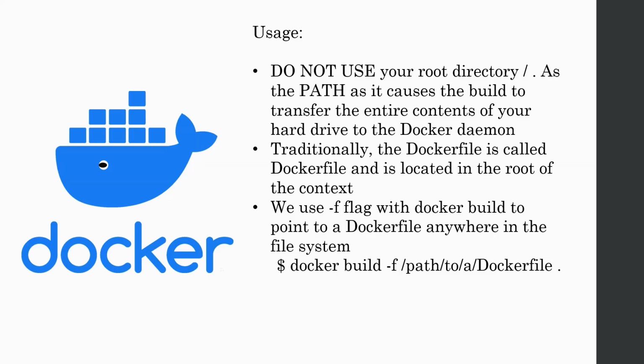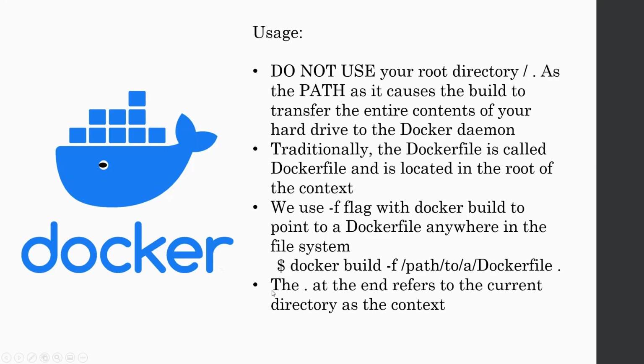Okay. So, this dollar sign is actually not typed. Only this part is typed. The dollar is shown automatically when the command line is initiated. The dot at the end refers to the current directory as the context.